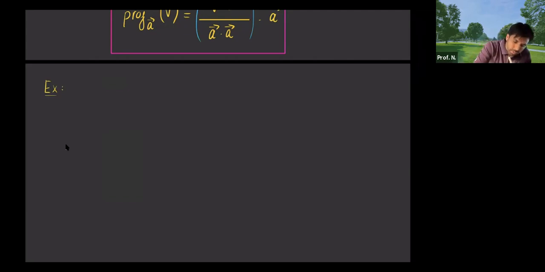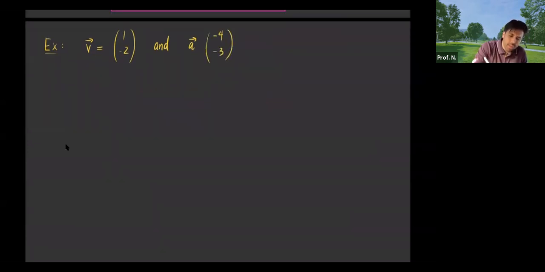So I'm going to have another vector here. I'm going to call this vector V, again, 1, -2. I'm going to have the vector A being -4, -3.